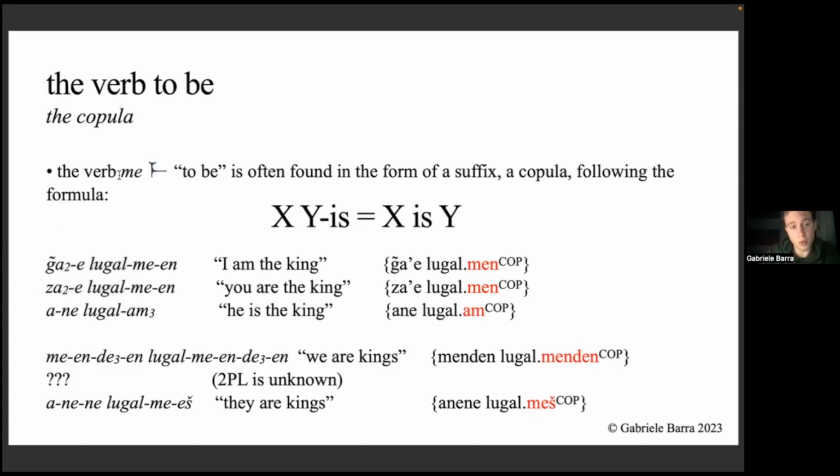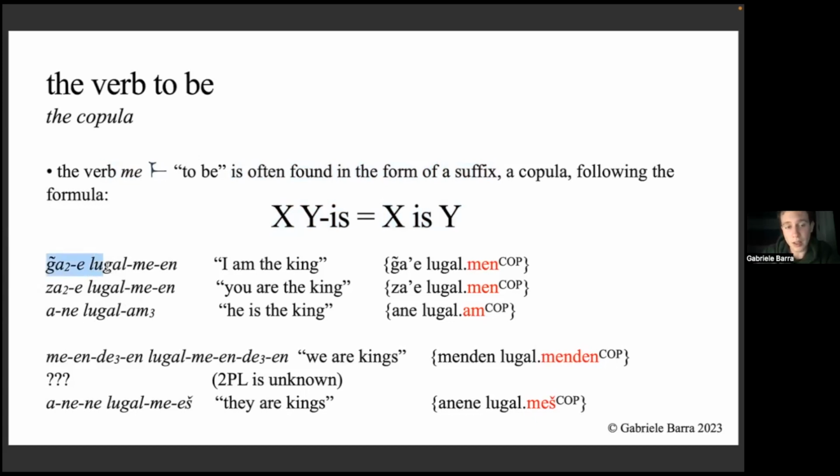We have the verb to be, which is me. And it is used as a suffix, basically, following this formula. So you have word number one, word number two, and then is, or what, are, am. And this means X is Y. So let's see some examples.